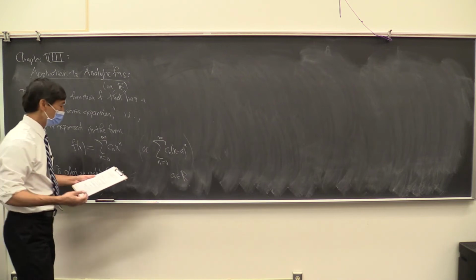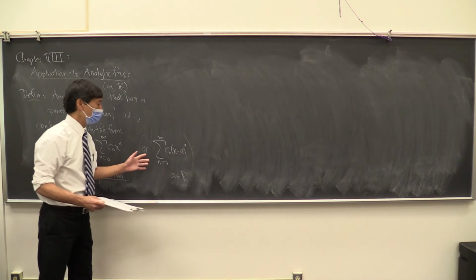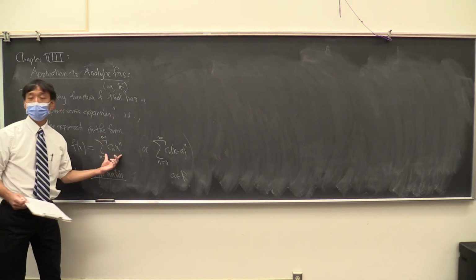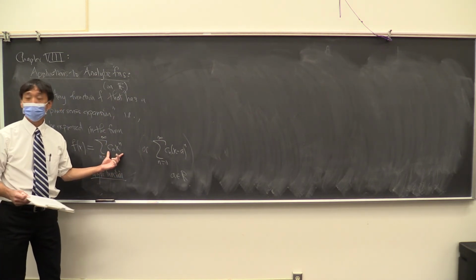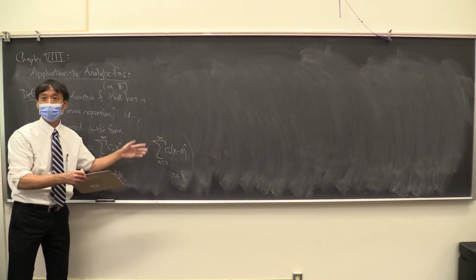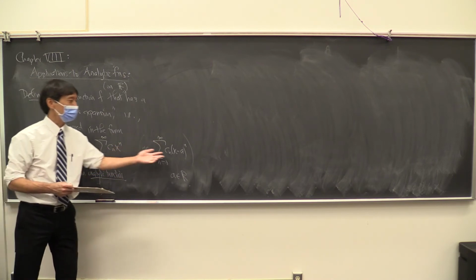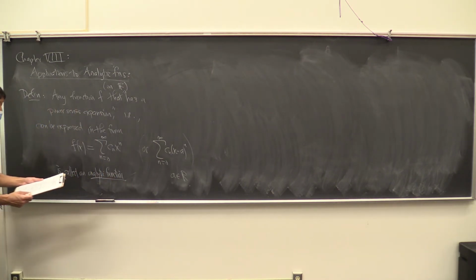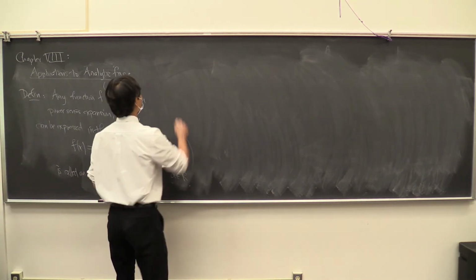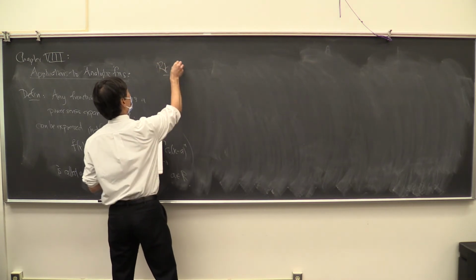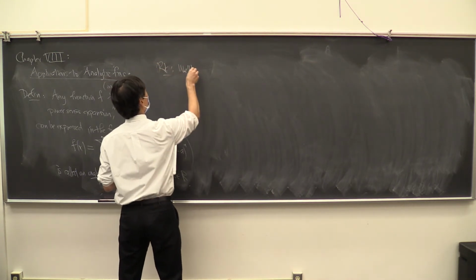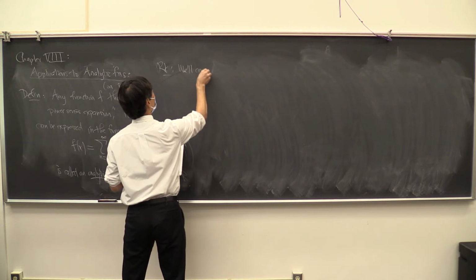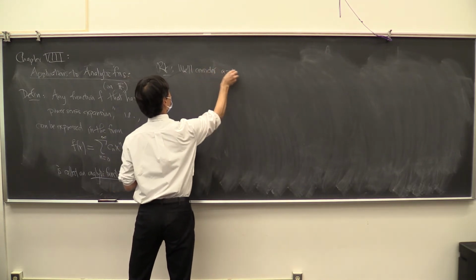And in the book, for simplicity, we're only going to deal with the ones that are centered at 0. The theory, of course, easily translates to the series that are centered at some other point. So remark, we'll only consider the cases when a equals 0.